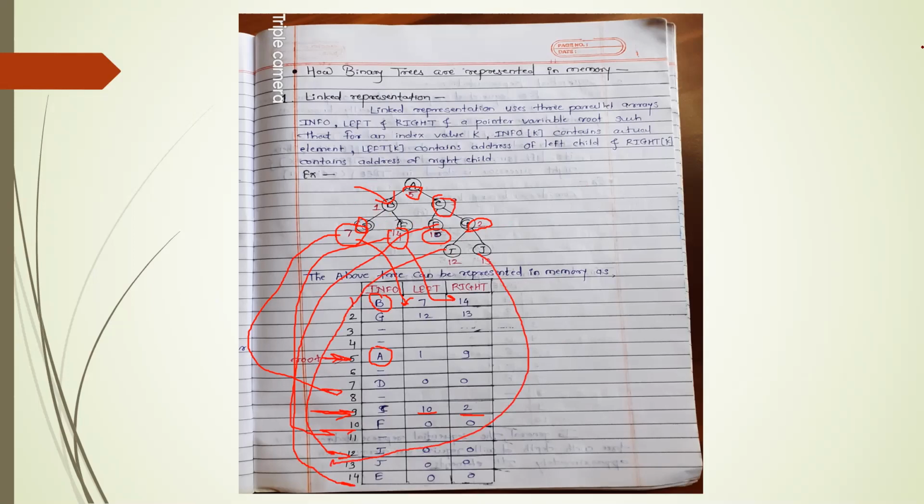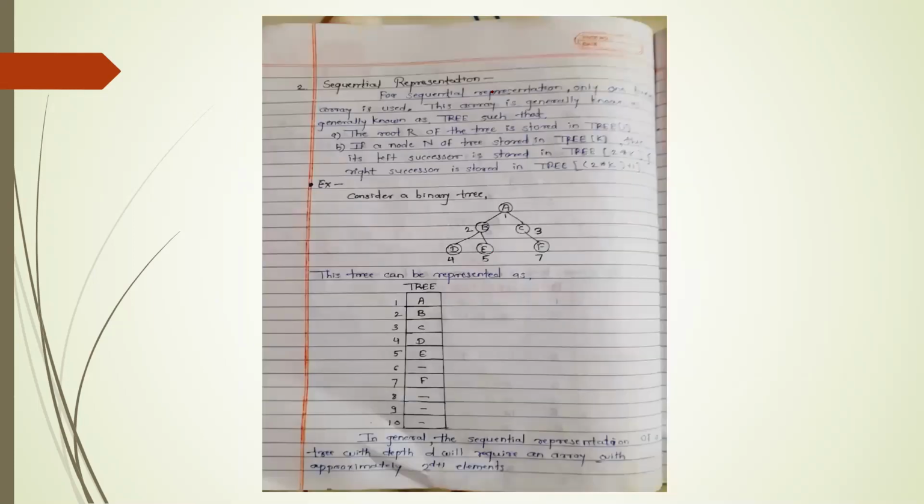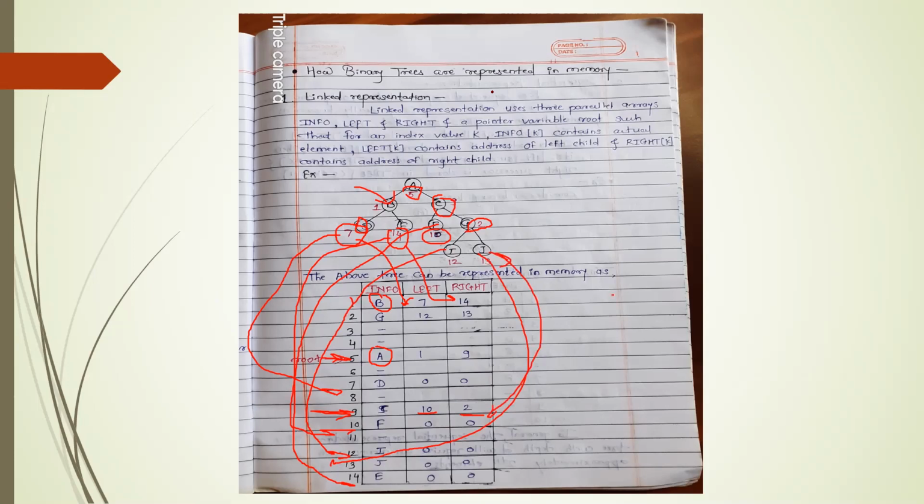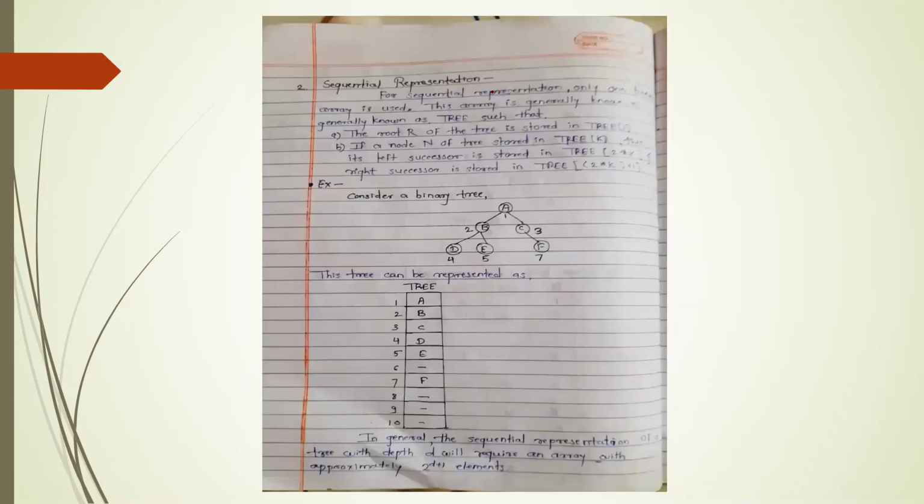These child nodes have no children, so left and right values are 0 0. So in this way trees are stored or represented in memory by using linked representation.